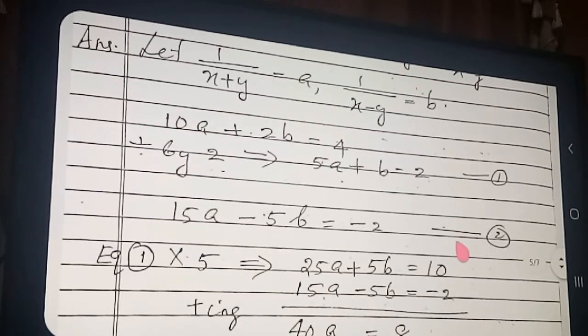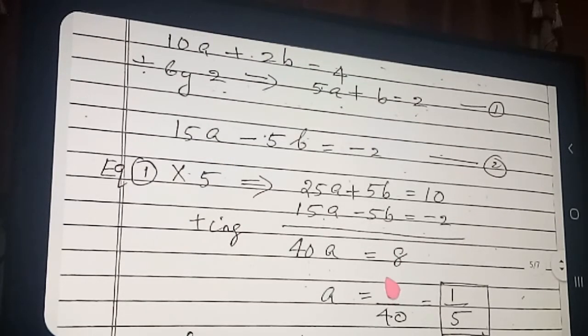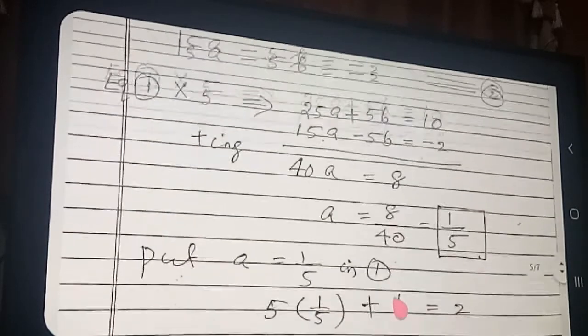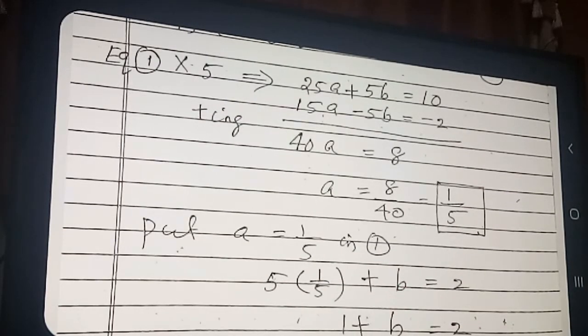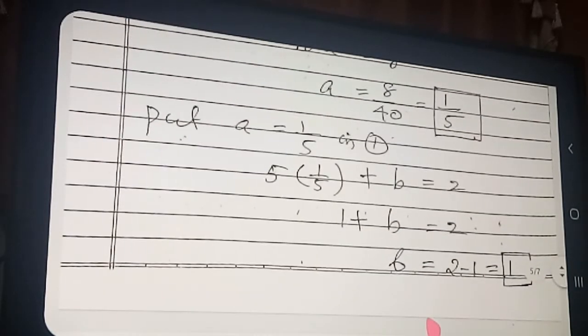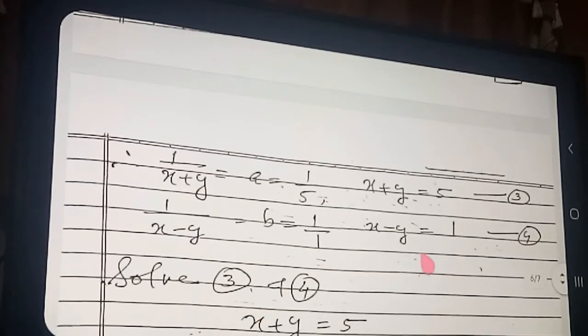Yes, 1 by x plus y we are giving as A, 1 by x minus y we are giving as B. Okay, you treat this as a single term, then no problems. Here 2 times solving coming, because x plus y, x minus y, 2 variables together coming in one equation, that is why.